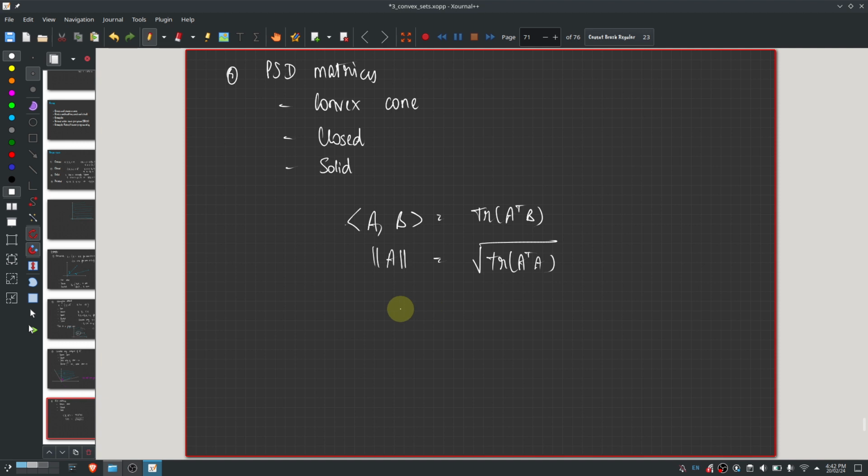And this essentially just corresponds to taking the sum of squares of entries of A. Right? So let me perhaps put this in a separate page.